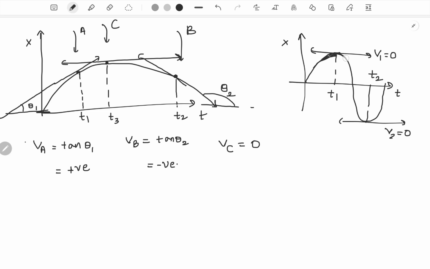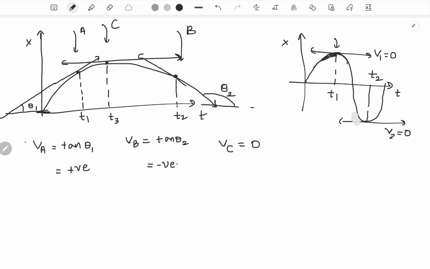Beyond t1, the x position started to decrease, which means it started to move in the left direction. So we can conclude that at time t1, the direction of velocity, or the direction of motion, has changed.